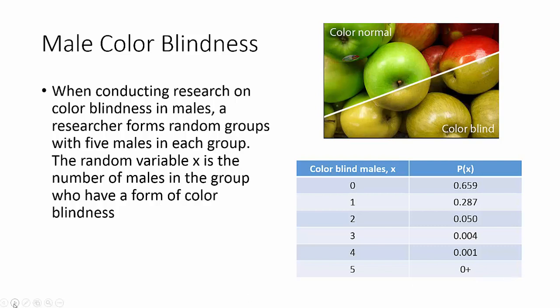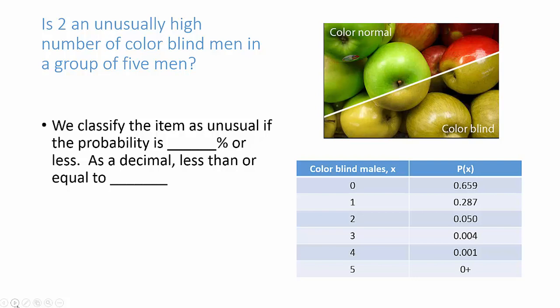So now, our question. Is 2 an unusually high number of colorblind men in a group of 5 men? We have to know what characterizes a piece of data as unusually high. And so our first guideline is that we classify an item as unusual if the probability is 5% or less.